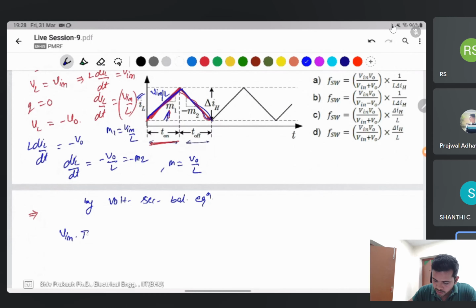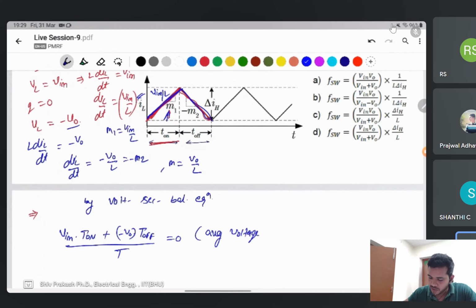V in into T on plus, when the switch is off, minus V naught appears here, V naught into T off, divided by the total time period, is equal to 0. This is the average voltage of the inductor. The average voltage of the inductor will be 0 by the volt-second balance equation.